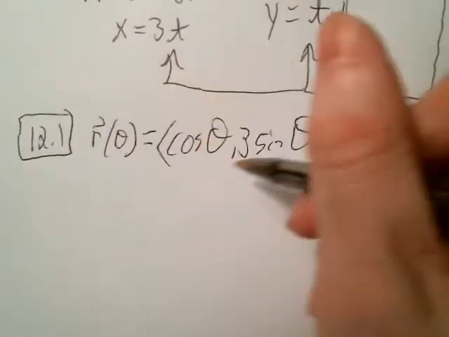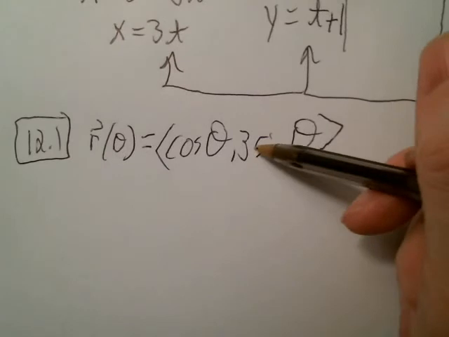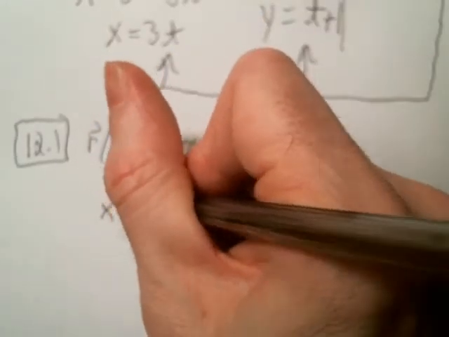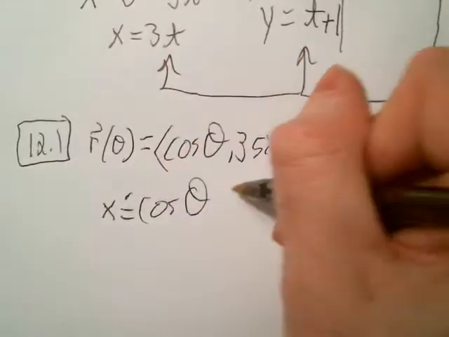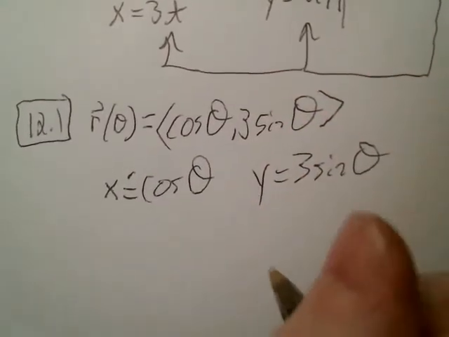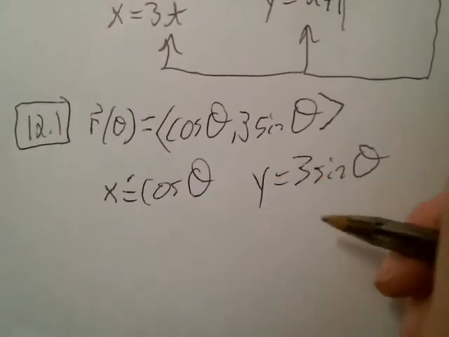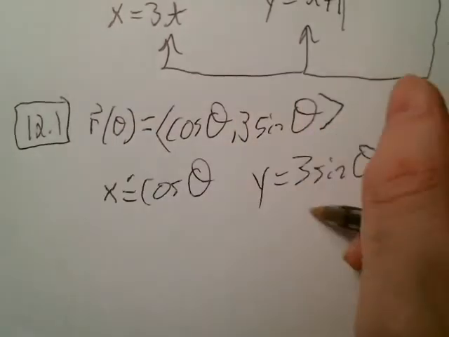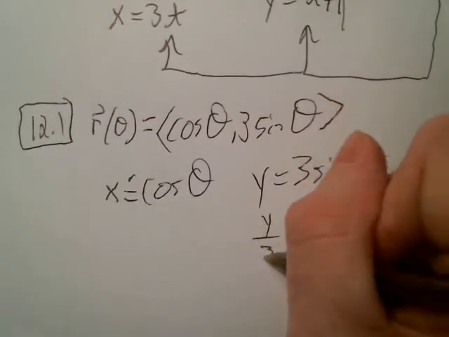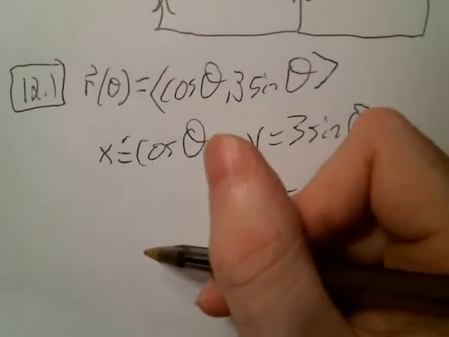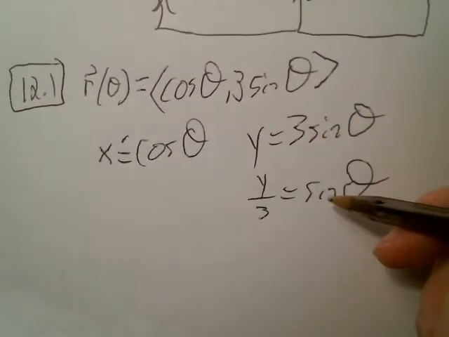All right. So what you do if you want to figure out what this is, kind of eliminate the parameter, right? So you could say x is equal to cosine theta, and then y equals 3 sine theta. And then you're going to take advantage of trig identities in order to rewrite it as an equation in terms of x's and y's. Okay, so this guy over here is y over 3 equals sine theta. And then cosine squared plus sine squared is equal to 1, right?